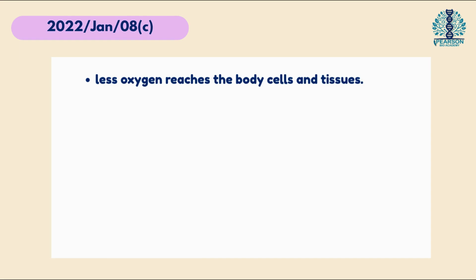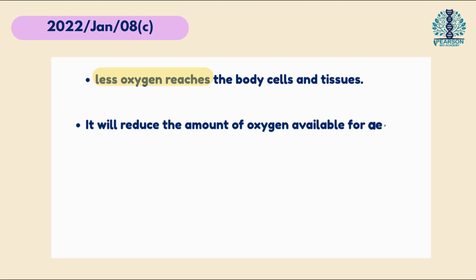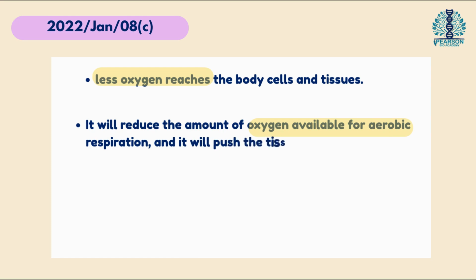And then you know what you have to write for the consequences. I always ask my students to follow this approach when writing these answers, specifically whenever you want to link with death. So first, it will reduce the amount of oxygen available for aerobic respiration, and it will push the tissues to switch to anaerobic respiration, which produces less energy.